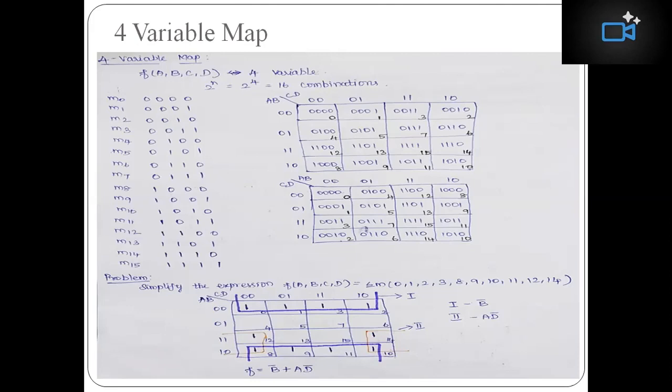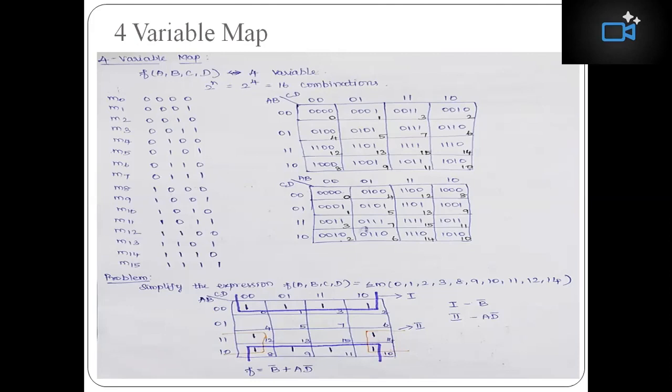So row 1 and row 4 are adjacent, as we have seen earlier. So we could take them as group 1.